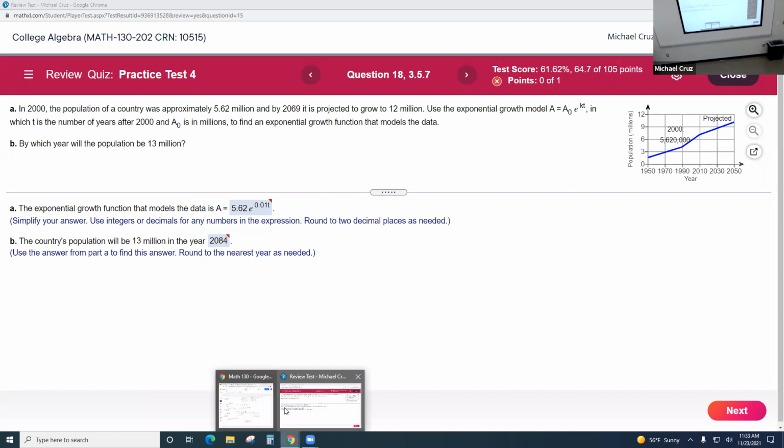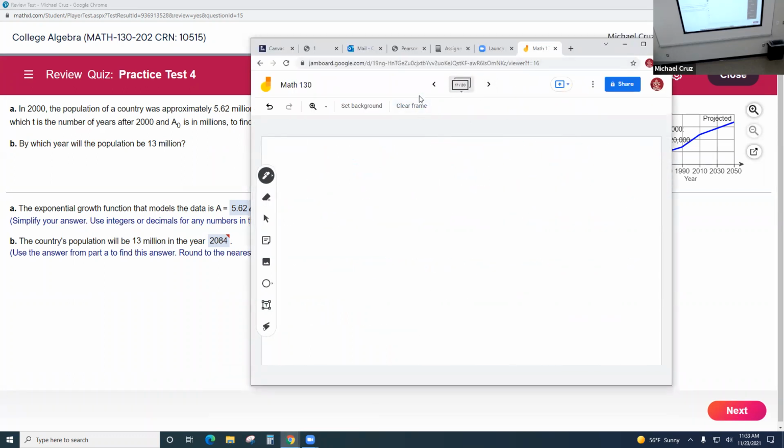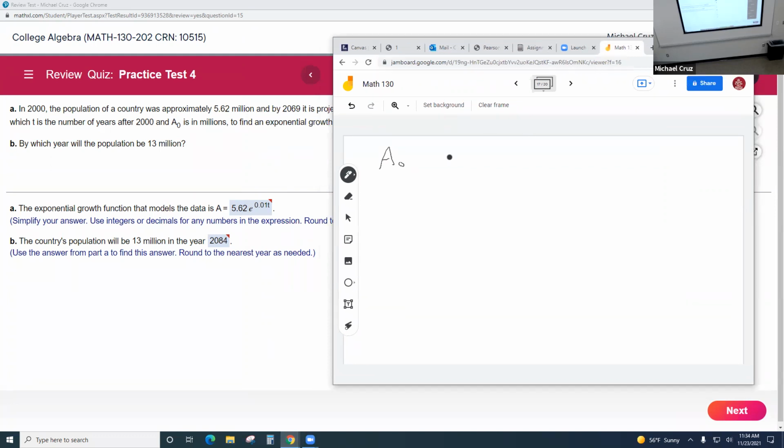So we got to do two things. Okay, first of all, A to the 0 in 2000, the population of the country was 5.62.